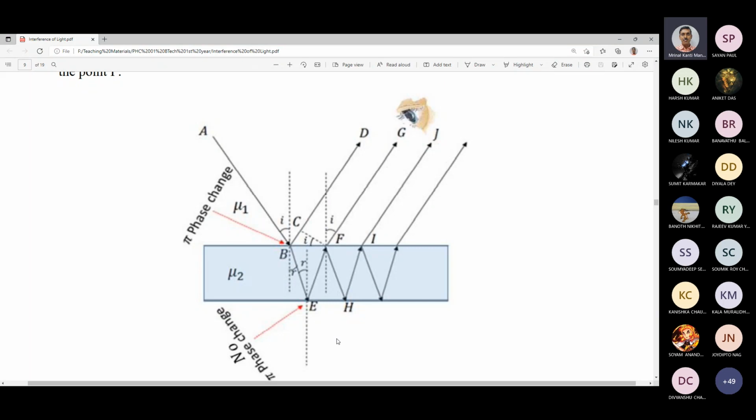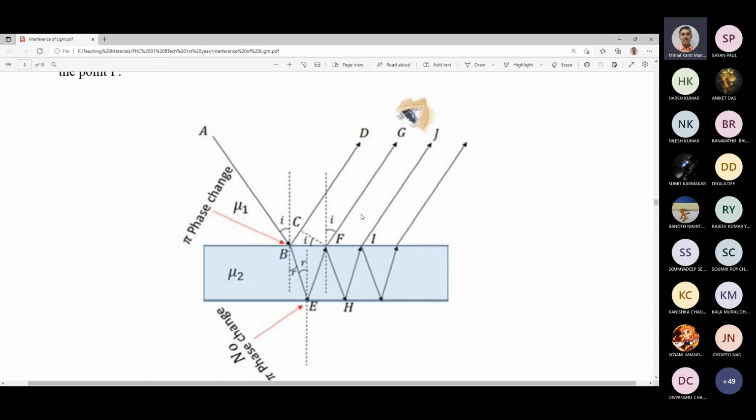Then at point A there is again a transmitted beam, FG, and another reflected beam FH. And from point H there is again a reflected beam HI and a transmitted beam in this region.